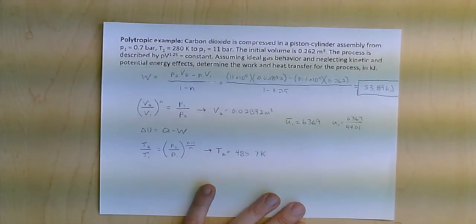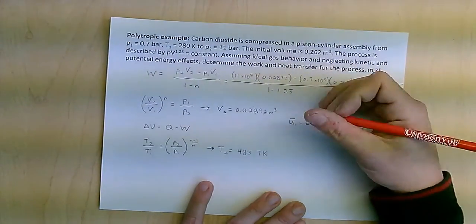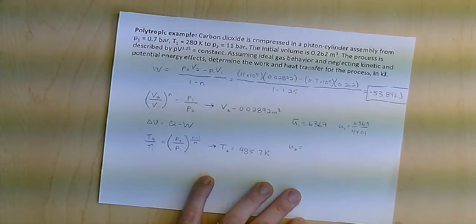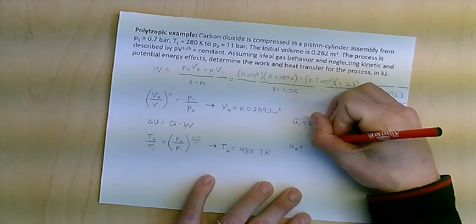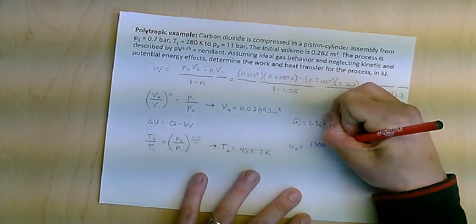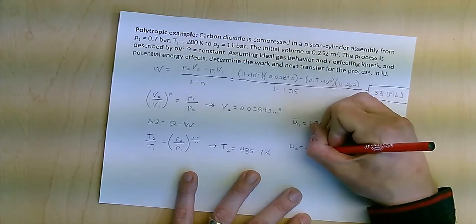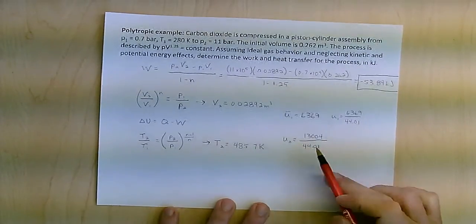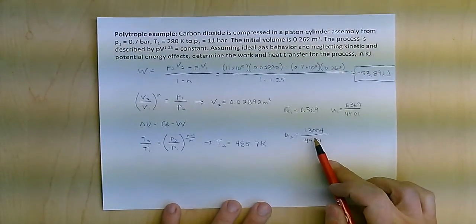Again, that's found in table A-1. u2 is going to be, again, 13,004 kilojoules per kilomole divided by 44.01. So this is u1 and this is u2.